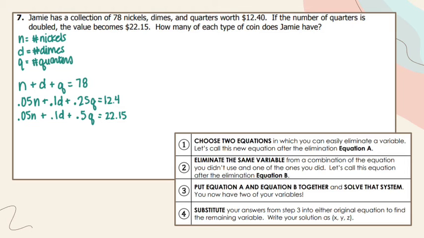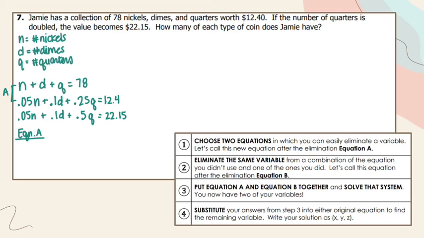Okay, so let's do equation A down here at the bottom. We'll just go ahead and use these 2 for equation A. We will multiply the top by negative 0.1, because I think multiplying by 0.1 is going to make the easiest change in the numbers.